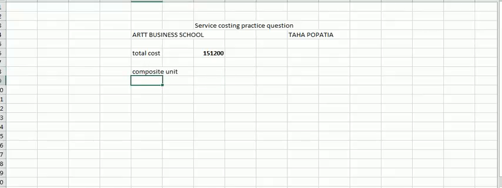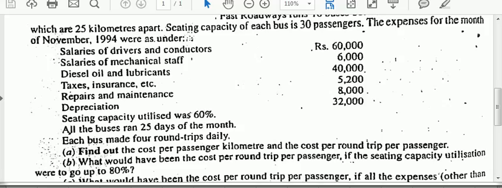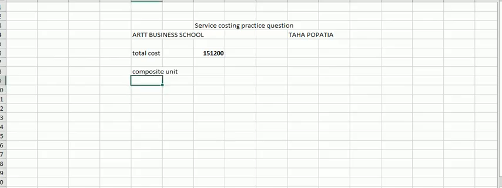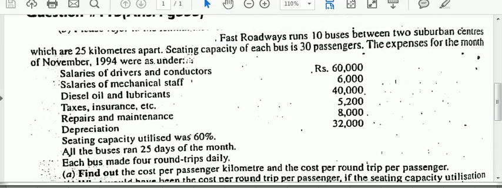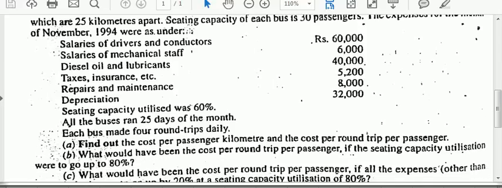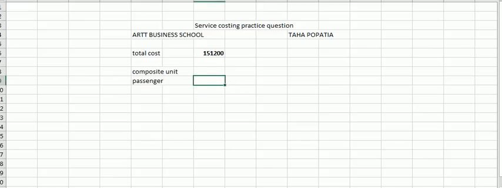Now I have to calculate the composite unit. First of all, I will have to know how many kilometers there are, since the cost is to be calculated per passenger kilometer. The first component of this composite unit is the passengers. The second line says that there are 30 seats in a bus, but the utilized capacity is only 60%.